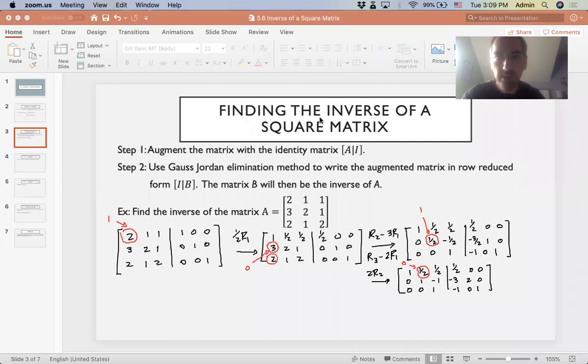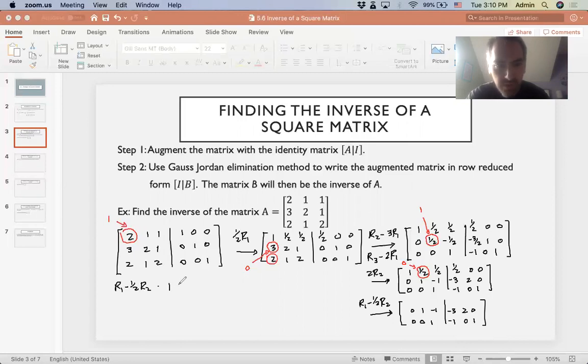And we can do that by taking R1 and adding a -1/2 times row 2. Everything else will be the same. So let's see what that's going to do to that first row. R1 minus 1/2 times R2.